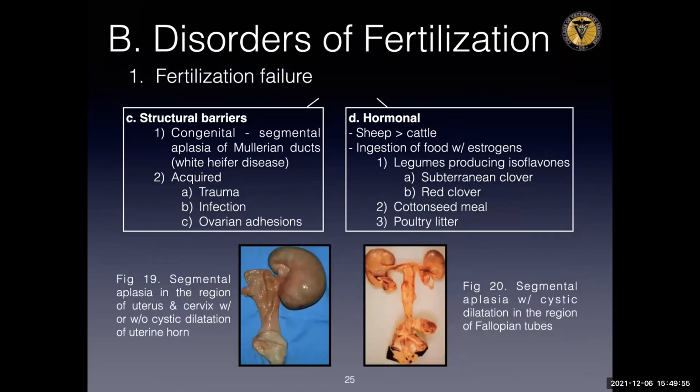If we don't have problems with those, we can have problems with structural barriers, and it could be congenital because there is underdevelopment of one horn, okay, or underdevelopment of both horns, which has a breed predilection, and it has been identified with the white heifer disease. If not congenital, it could be acquired because of trauma.